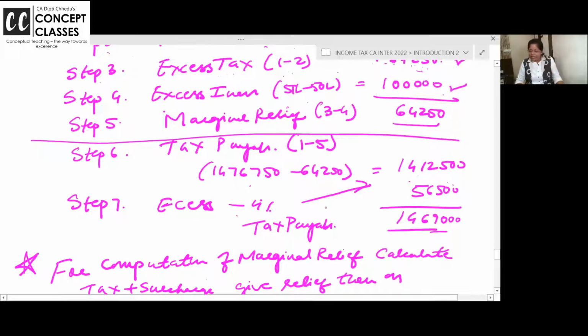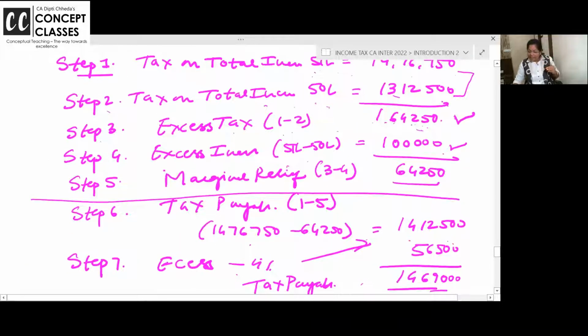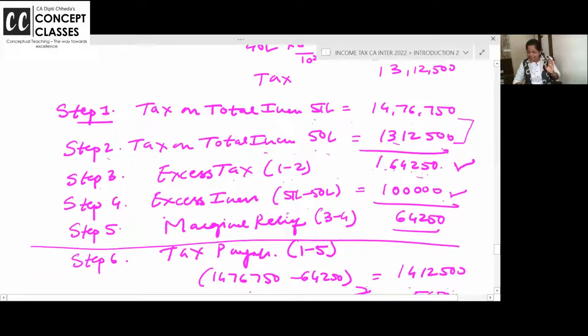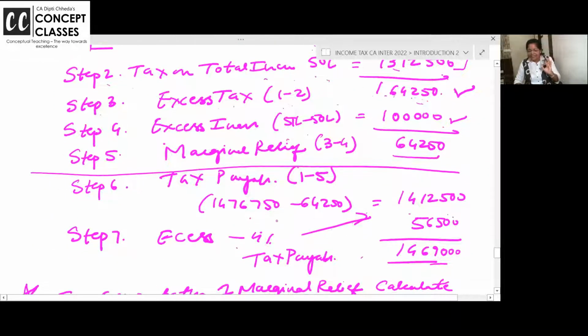And on that, education cess at 4%. So this is your tax payable. After deducting the relief from the original tax, your income is 51 lakhs, your tax including the surcharge is 14,76,750 minus relief, whatever is the tax, add cess, and this is your tax payable.